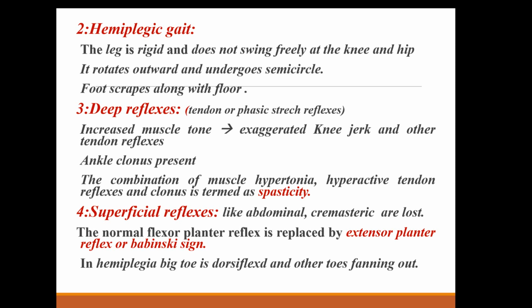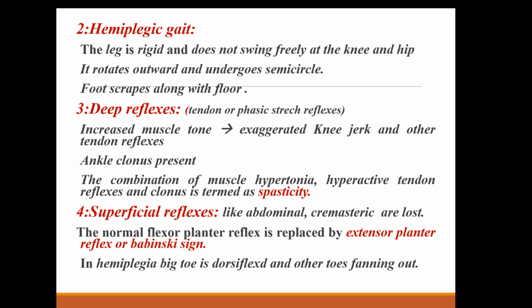The deep reflexes, which are tendon or phasic stretch reflexes: there is increased muscle tone, exaggerated knee jerk and other tendon reflexes. Ankle clonus is present. The combination of muscle hypertonia, hyperactive tendon reflexes and clonus is termed spasticity.